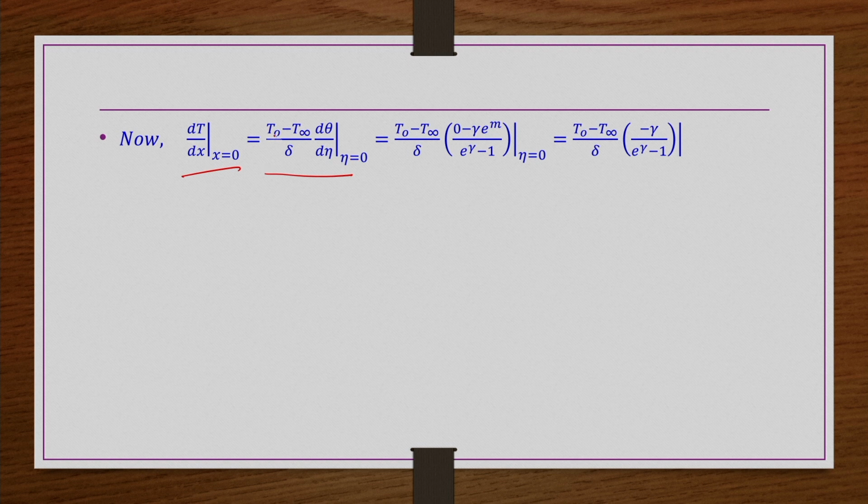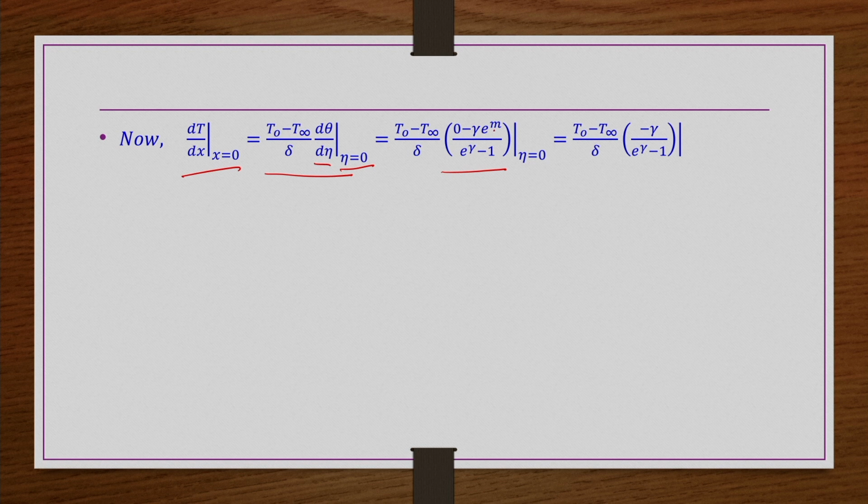In place of dT you can write T naught minus T infinity d theta, in place of dx you can write delta d eta, and if x is equal to 0, that means eta is equal to 0. In the previous slide we got theta as a function of eta, that you differentiate with respect to eta.